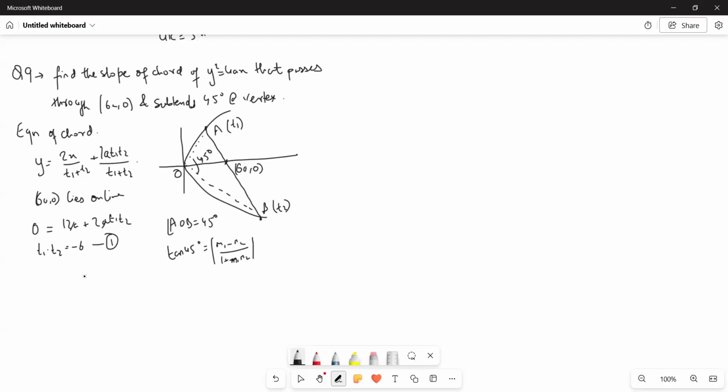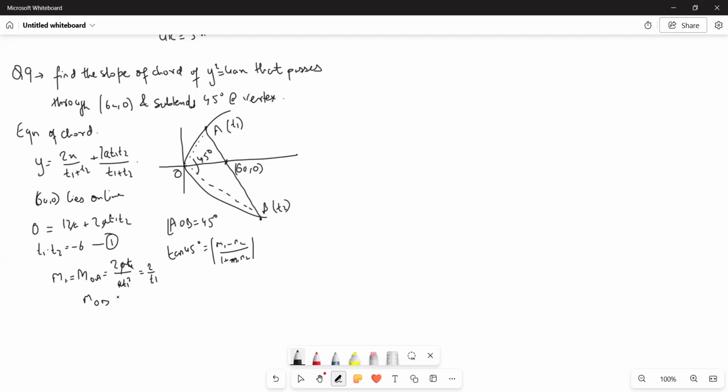So let's say m1 would be the slope of OA. So how do you find the slope of OA? y2 minus y1 by x2 minus x1. So a cancel हो गया, t1 cancel हो गया. So slope of OA would be 2 by t1.